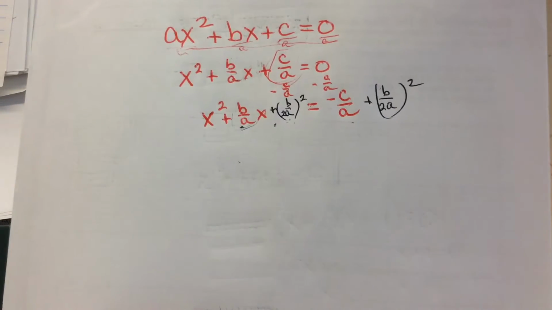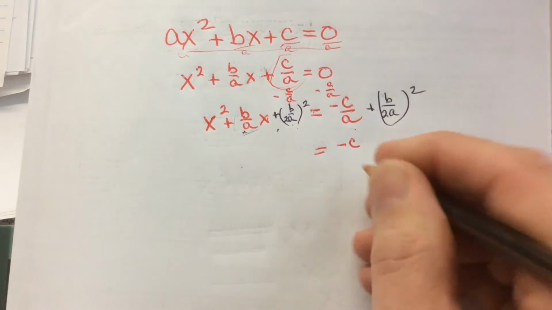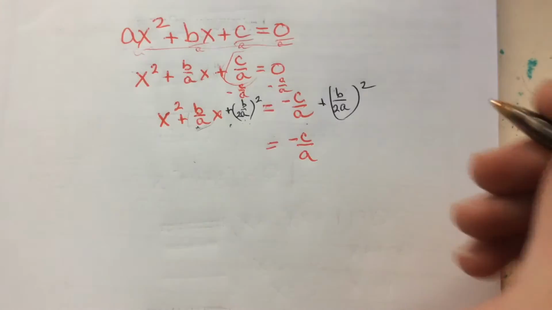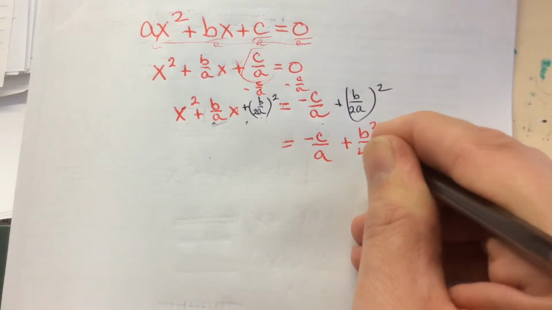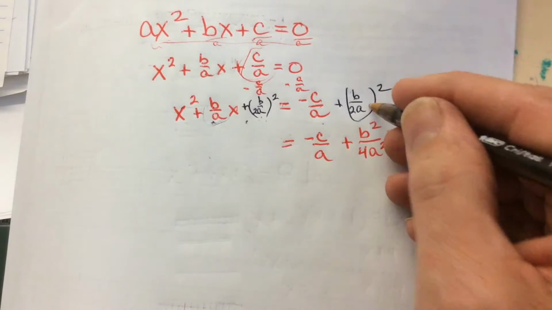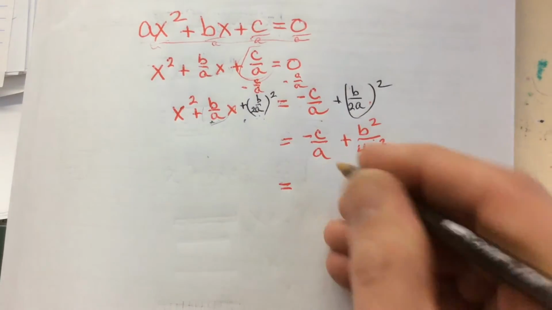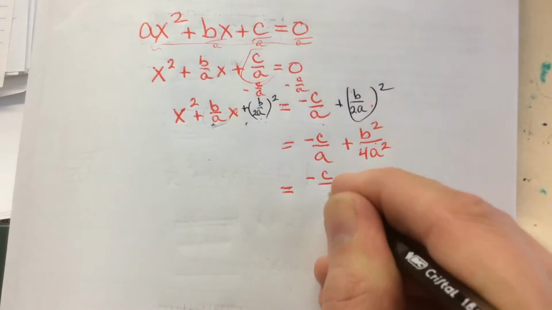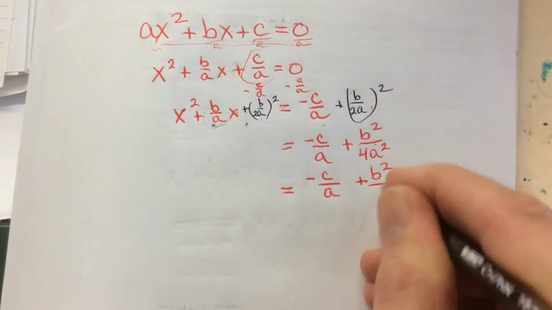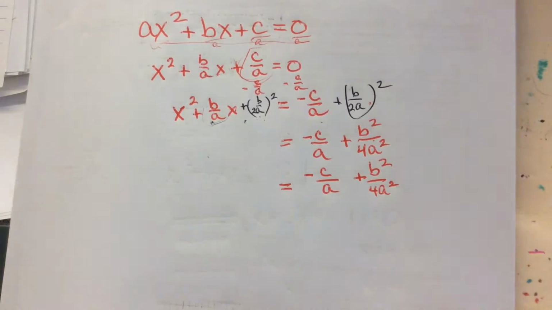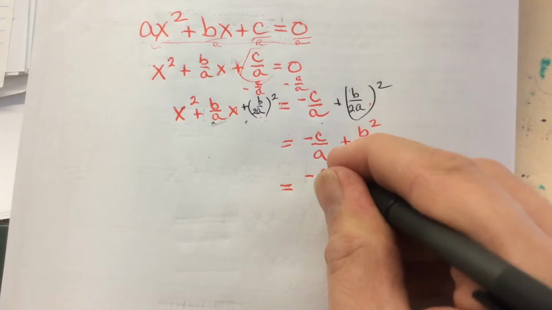So what happens? On this side, you got to do a little bit of arithmetic. Minus c over a plus b squared over 4a squared. It's just squaring this. And then, if I wanted to find a common denominator for the two of these, I'd have to multiply the top and bottom of this by 4a.